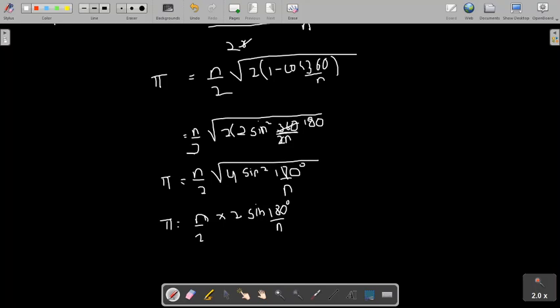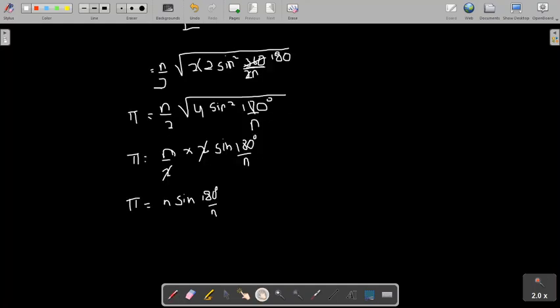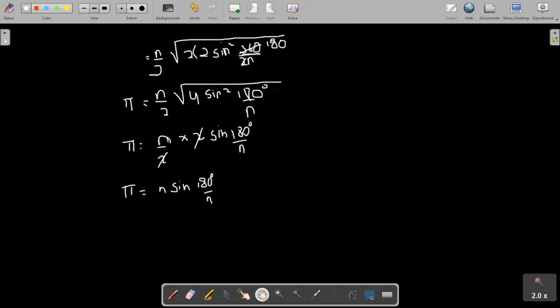As you can see, this 2 cancels out with this 2, and we simply get pi equals n times the sine of 180 degrees over n. So this is just a simple way of writing it.